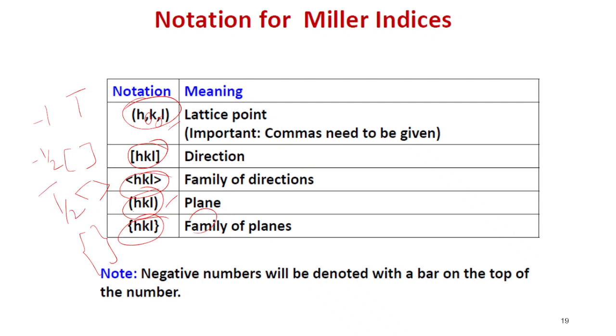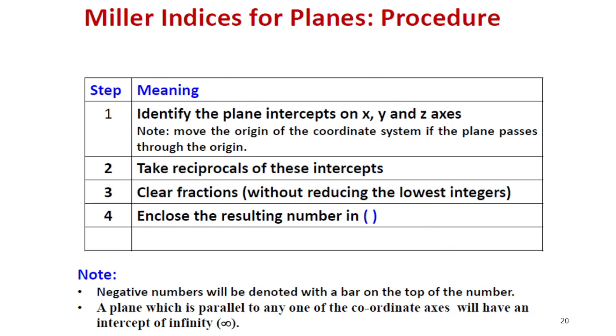So this is the procedure for finding out the Miller indices of the plane. First, we identify the intercepts on the plane. Usually there will be some problem given, like 1 comma 0 comma 0. If something like this is given without any brackets, we have to understand that these are intercepts.